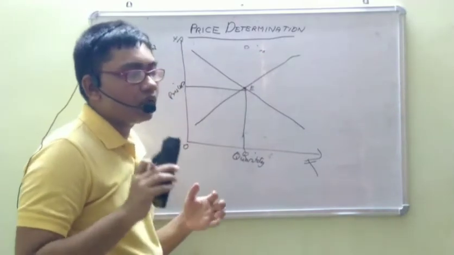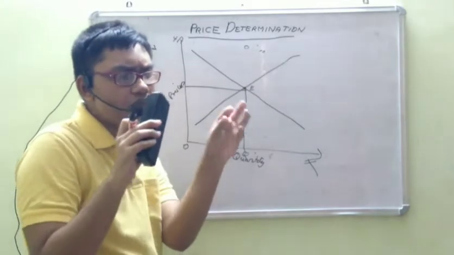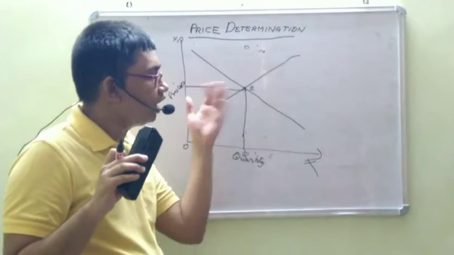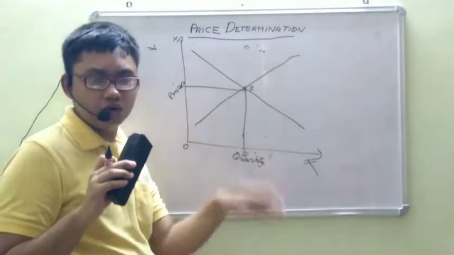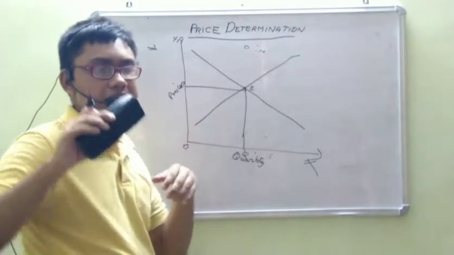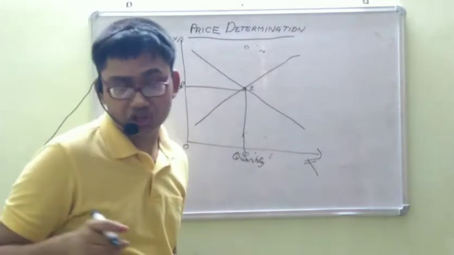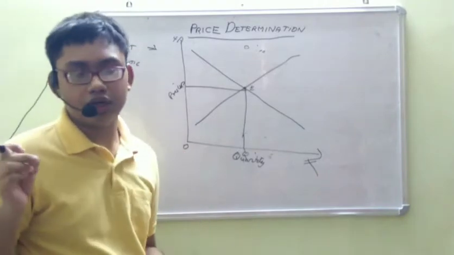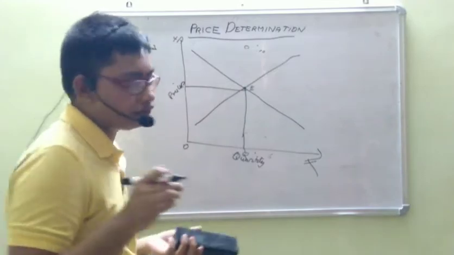In the long run, might be even in the short run, a few factors can change demand or supply. The price cannot change by itself, because the equilibrium has been attained. So other factors can change, like price of related goods, price of other things, or cost of inputs, anything can change.